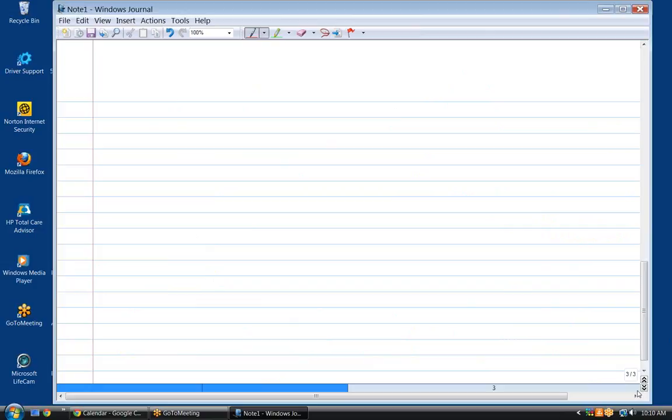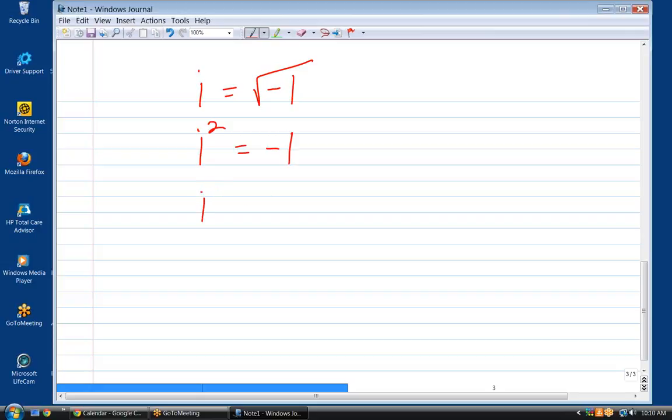So that's addition, subtraction, multiplication, and division of imaginary numbers. Now, there's one last thing that they always take you through, and that is the pattern that develops when you start taking these to powers.